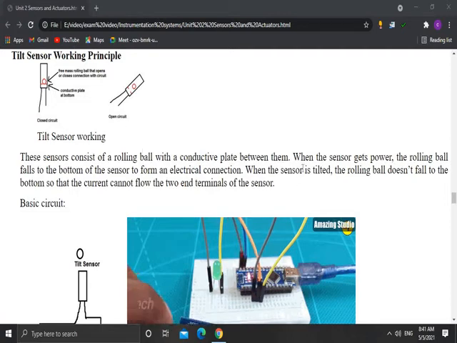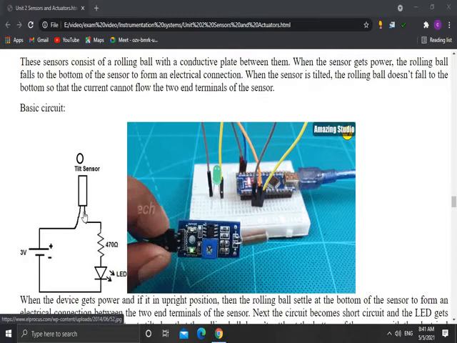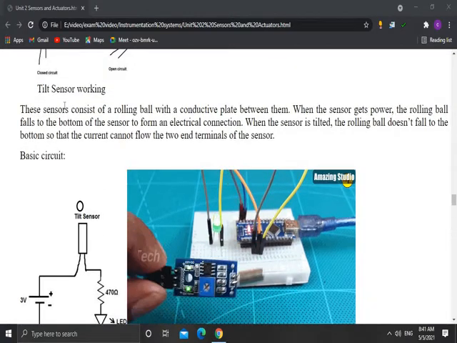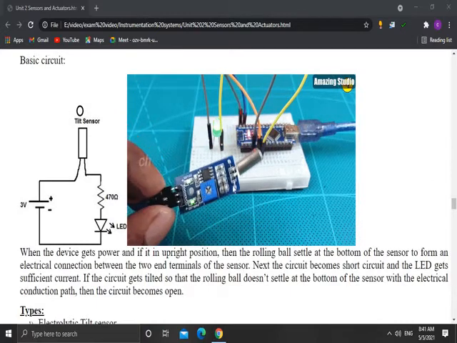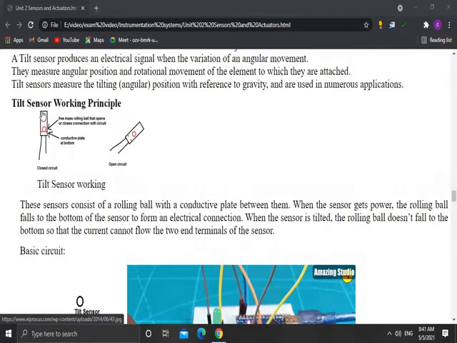Means when we give the power supply to the tilt sensor, then if we keep the sensor in upward position, the rolling ball will fall at the bottom and make the connection between two conductive plates. So current will flow from this side to this side.